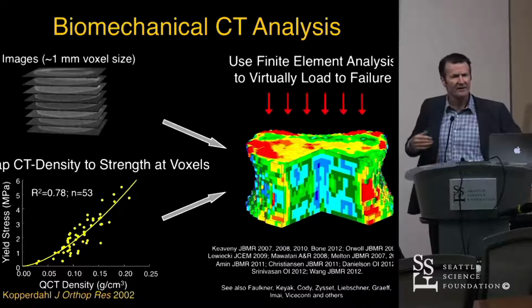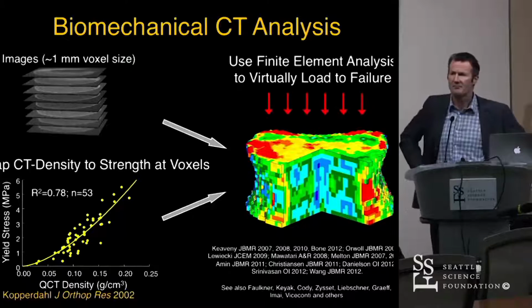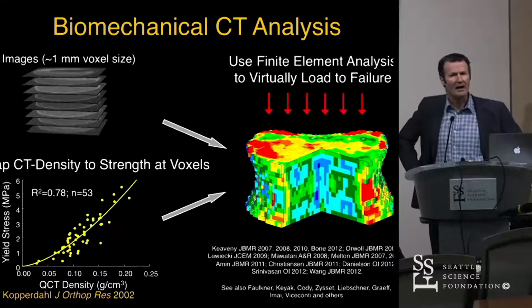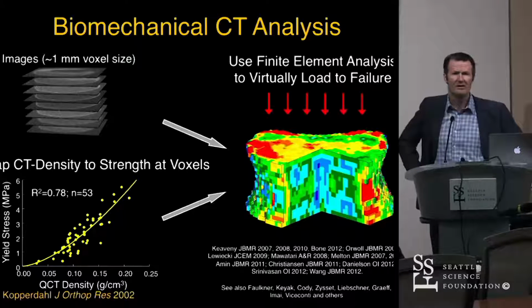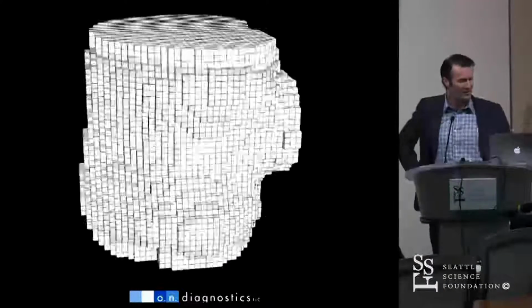So the idea is you take a CT scan and you generate an engineering structural model out of it, the same way engineers make models of bridges, and you calibrate the image so you can convert the attenuation data into empirically derived mechanical properties. Then you make this structural model that you can apply virtual forces to, and you can estimate the bone strength.